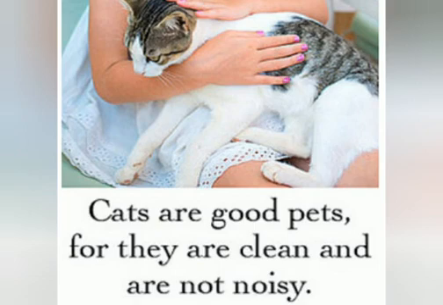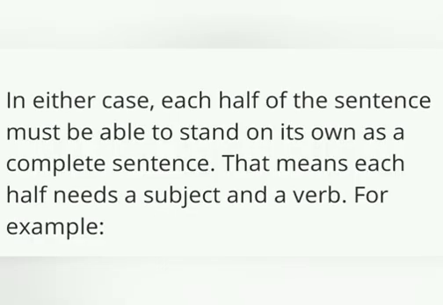Children, if you notice in this example, there are two sentences which are combined with a conjunction. In either case, each half of the sentence must be able to stand on its own as a complete sentence. That means each half needs a subject and a verb. Understood? So let's read a few more examples.